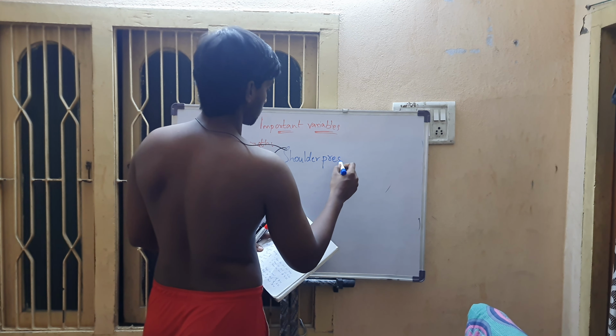And next one, weighted chin-ups. W means weighted chin-ups. The beginner's level is 5 reps at 30% of body weight.